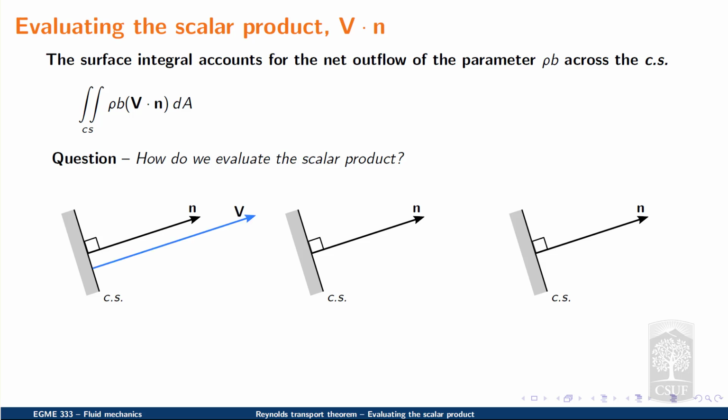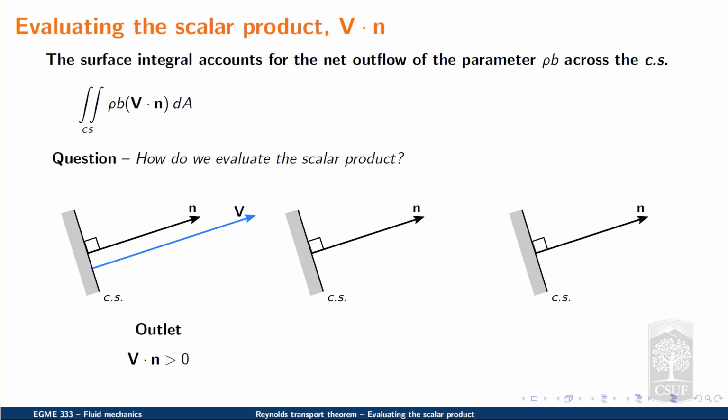The first case we want to consider is when the velocity vector is parallel to the unit vector. This case is what we refer to as an outlet. The reason for that is because the product of v dot n will be a positive quantity.